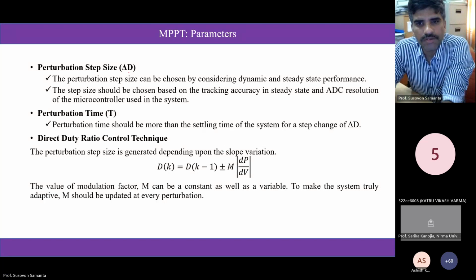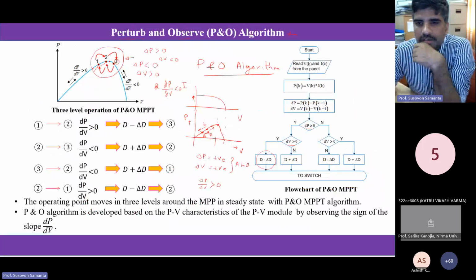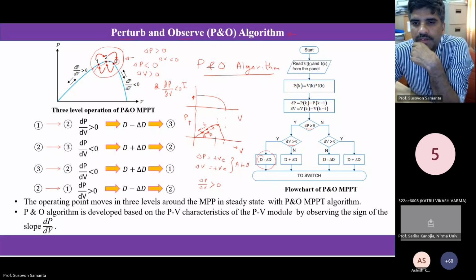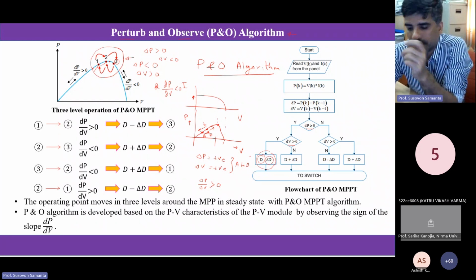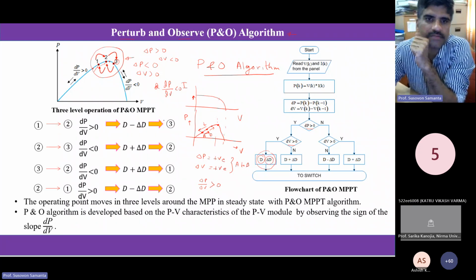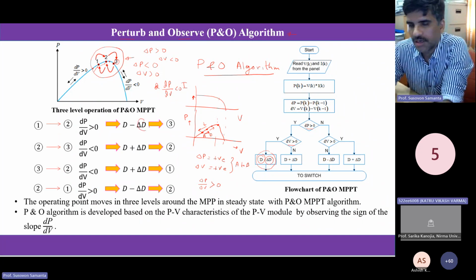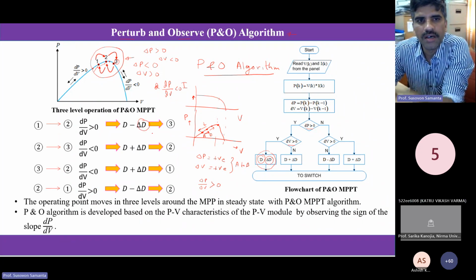Now, you actually want to change the duty ratio by a small amount delta D. So how to choose this delta D?